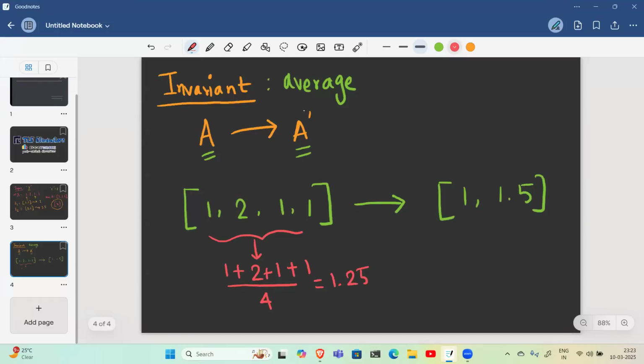And what is the average of these two elements? It is (1 plus 1.5) by 2, and it also comes to 1.25. So whenever you do an operation and convert the array A to A dash, the average does not change. This is my claim, and we saw an example where it is satisfied.